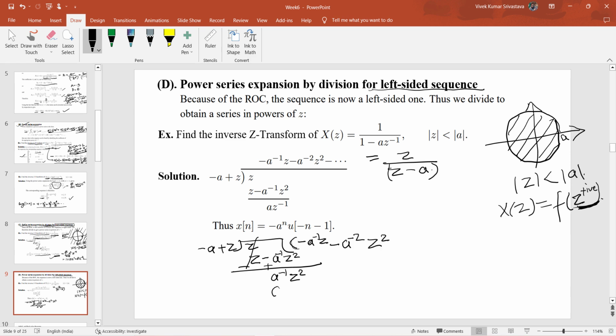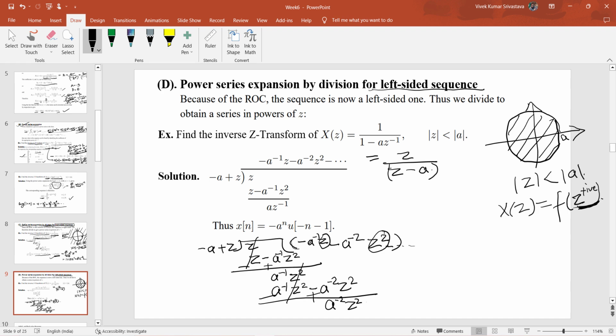So you will get minus 1 z raised to the power 2, and this will be minus a raised to the power minus 2 z square. So this will cancel. Here you can see that this remainder basically contains the positive power of z.